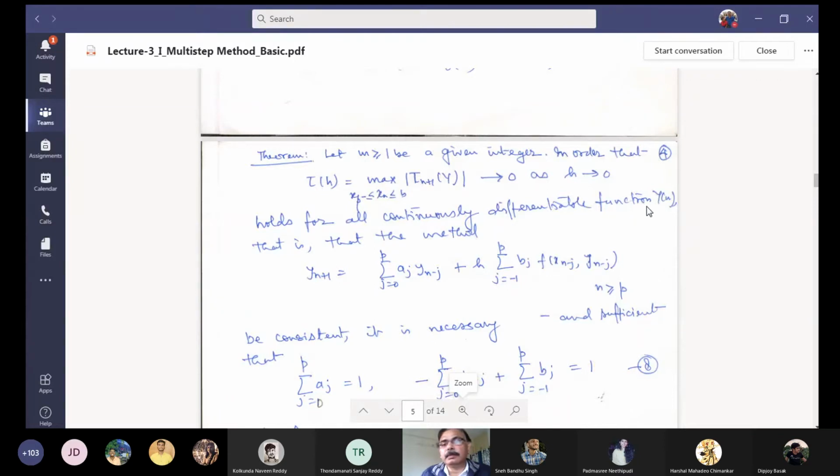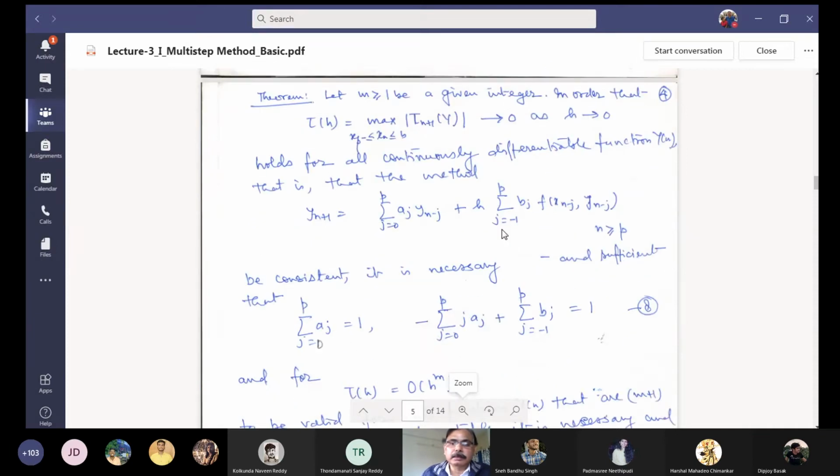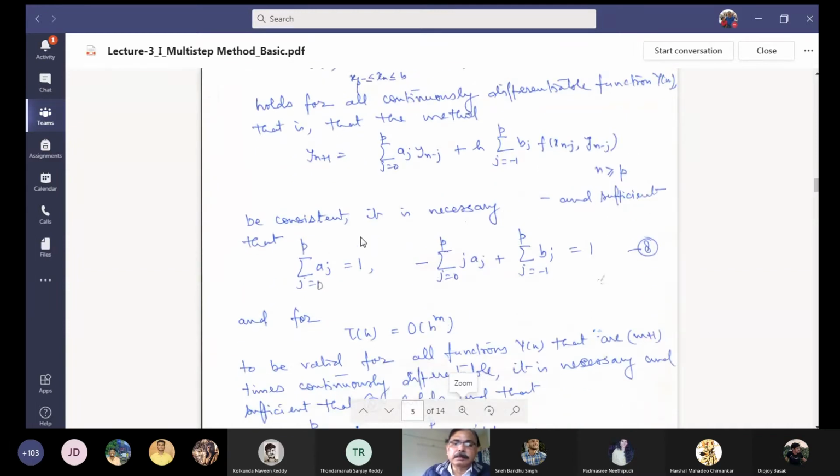That is your general multi-step method which I have written, to be consistent, it is necessary and sufficient that summation j running from 0 to p a_j equal to 1, and then minus summation j running from 0 to p j a_j plus summation j running from minus 1 to p b_j equal to 1, right? This is the theorem.